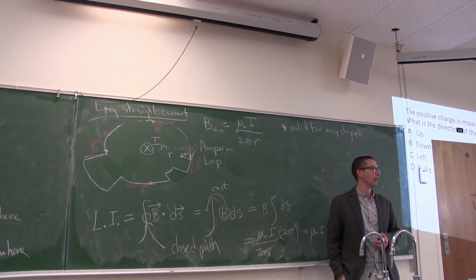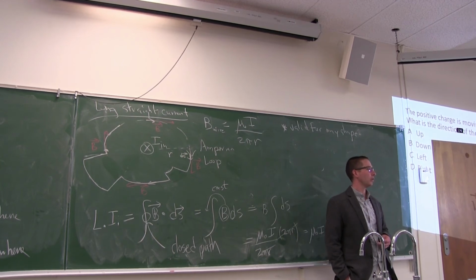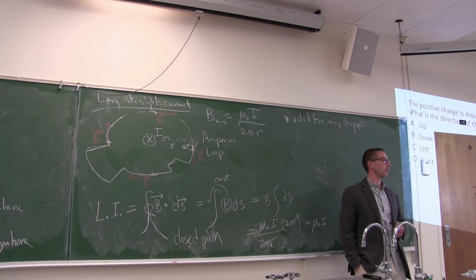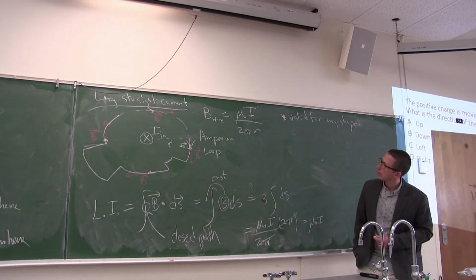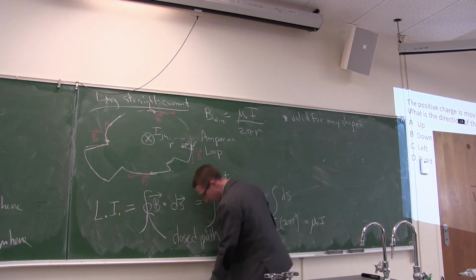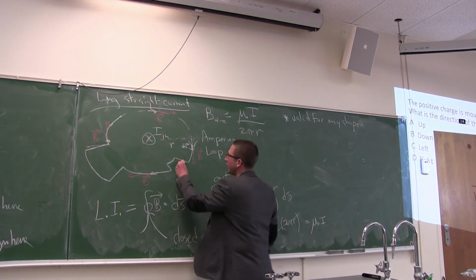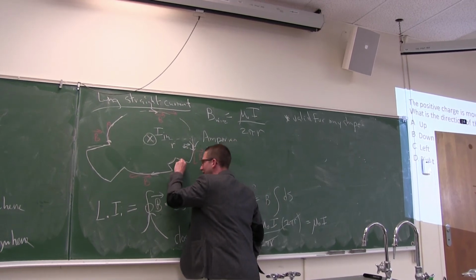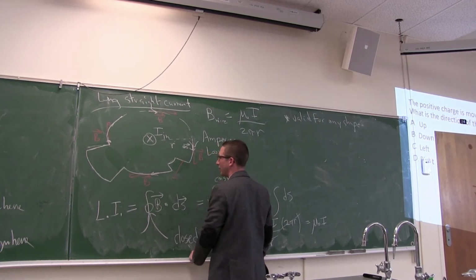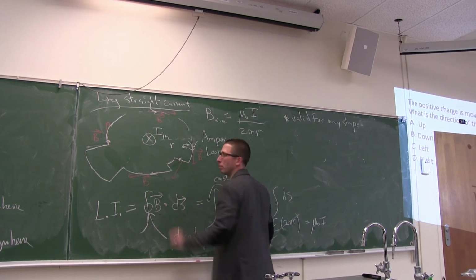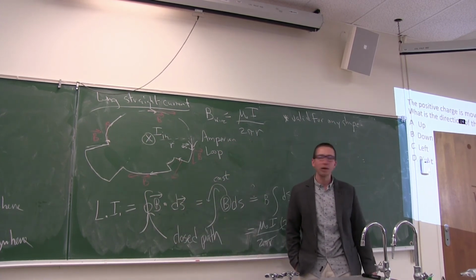Yes? I'm sorry, how could you get ds perpendicular to B? On these elements right here, for instance, if I look at the magnetic field at that point, the magnetic field points this direction, but my line element points like that as I go on that element of the path.